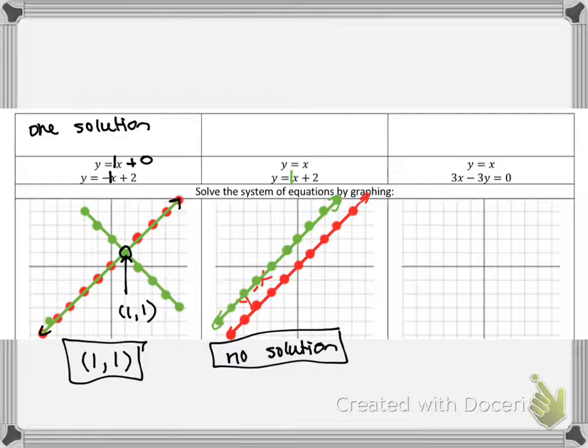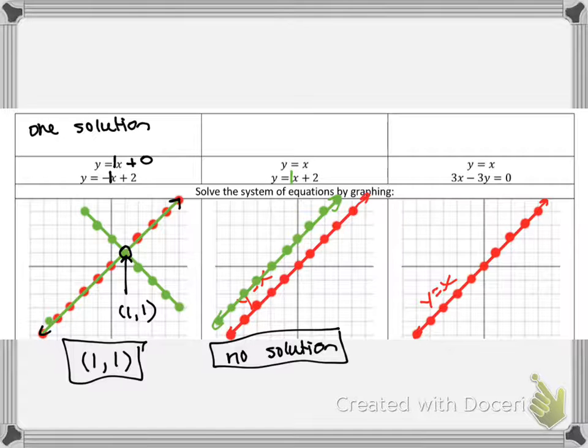Okay. How about the last problem? So again, we still have that first equation, y equals x. That has not changed. So we draw our points, and we connect them with a line, and we label that y equals x. Then we have 3x plus 3y is equal to 0.